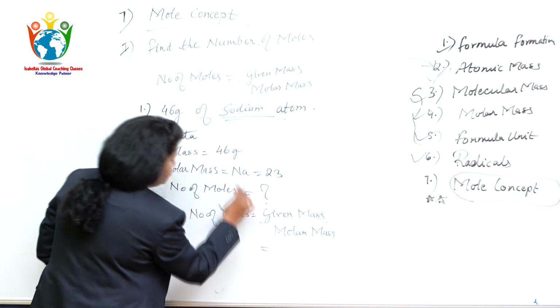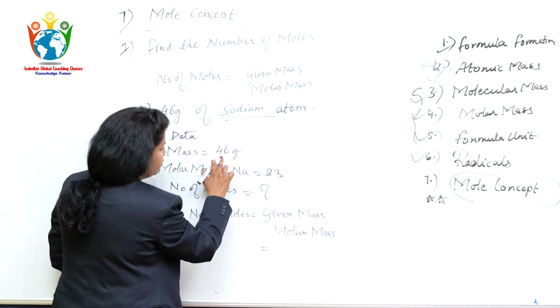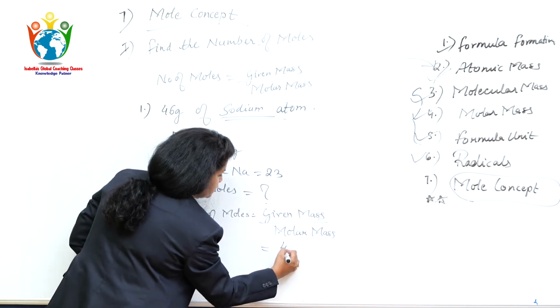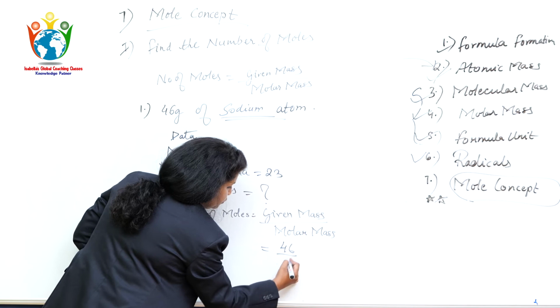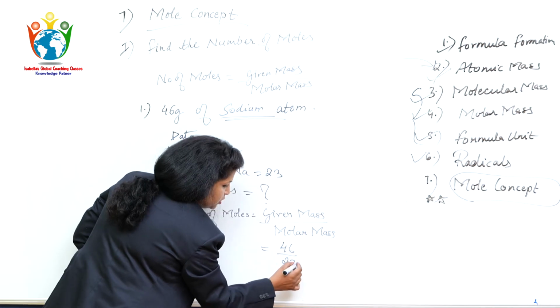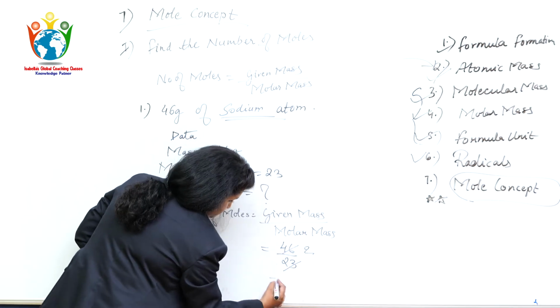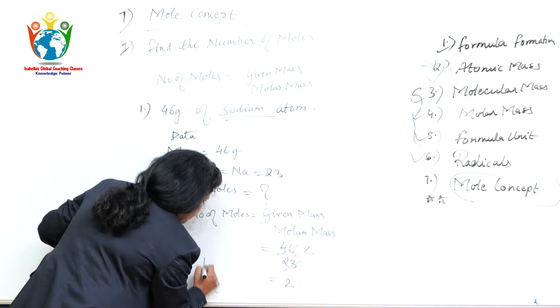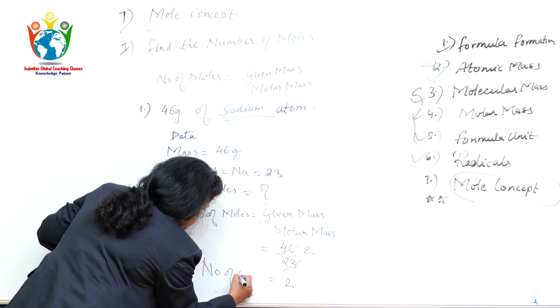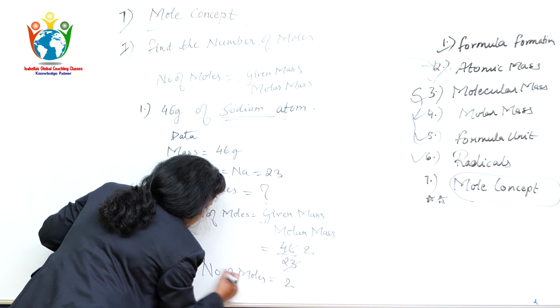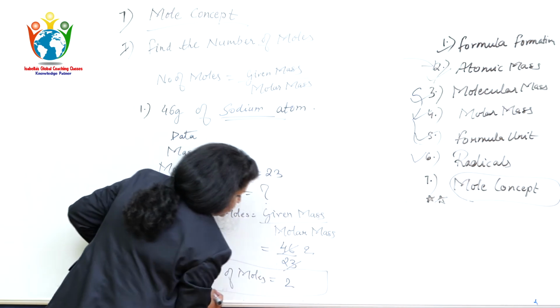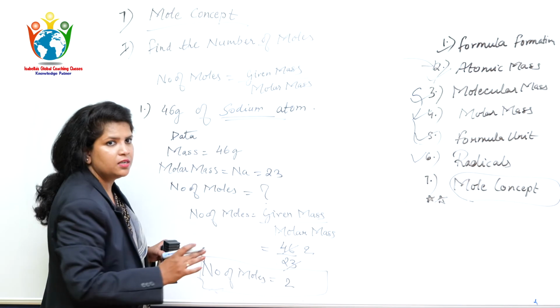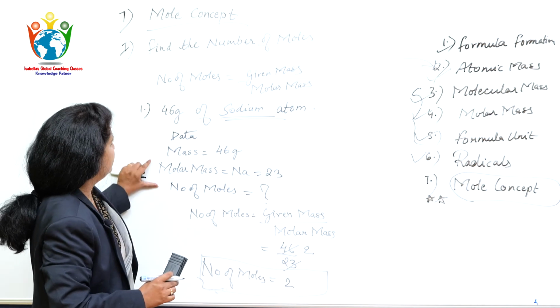You can straightforward put the values because I made it very clear. Given mass for you is 46. Molar mass I have found out for you, 23. 23 ones are 23, 23 twos are 46. Number of moles does not have an SI unit. Somewhere in some books at the end it is written mole, but if you leave it as it is, that is also fine. I hope it is clear.